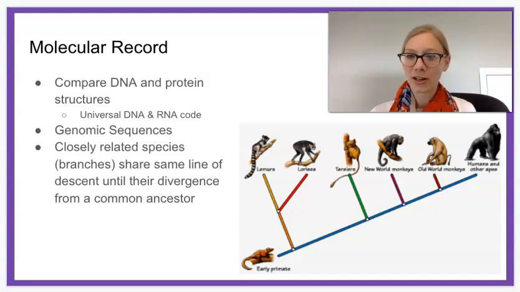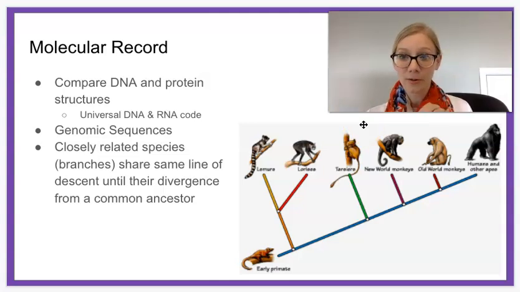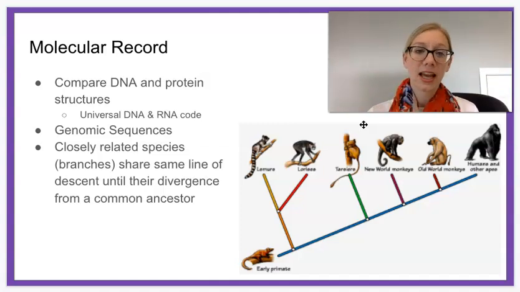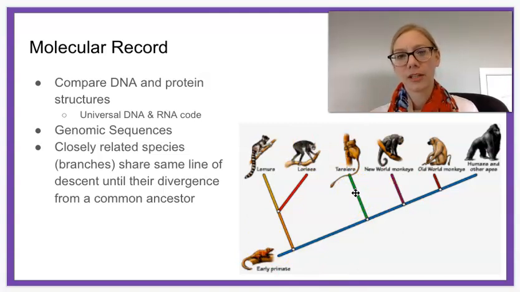And so eventually we're going to work on creating phylogenetic trees, right? And so things that are more close together are more closely related, or share what we call the same line of descent, until they diverge from a common ancestor, until we start to see traits that differentiate them from each other.